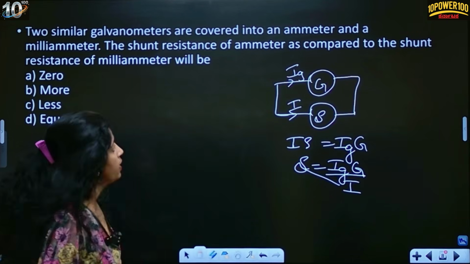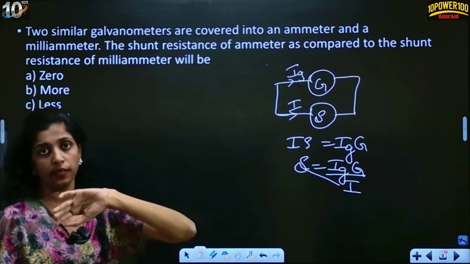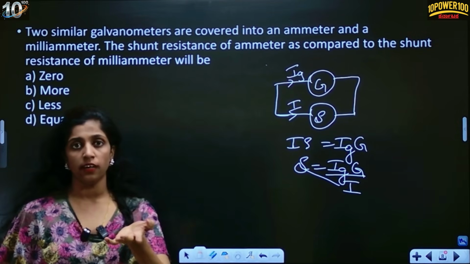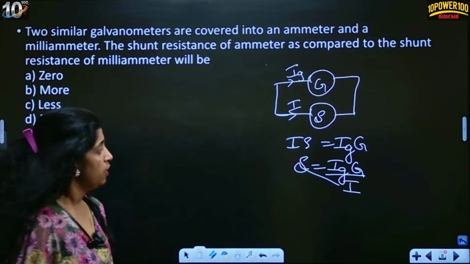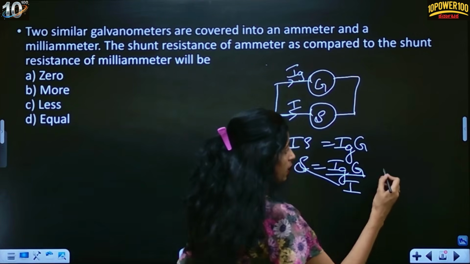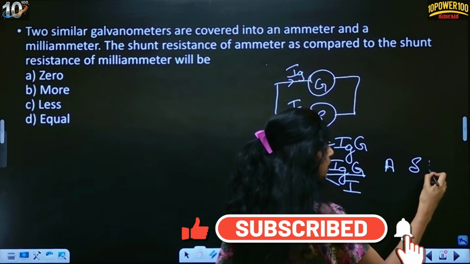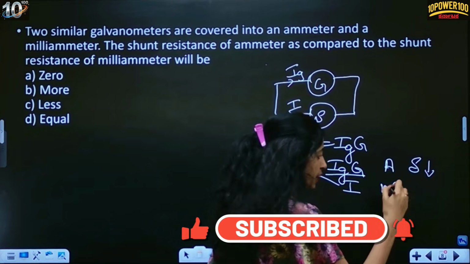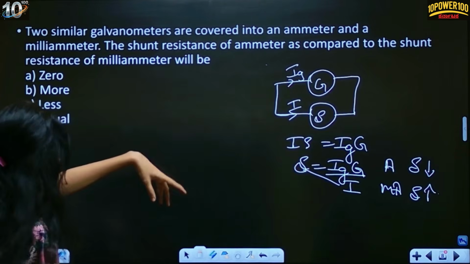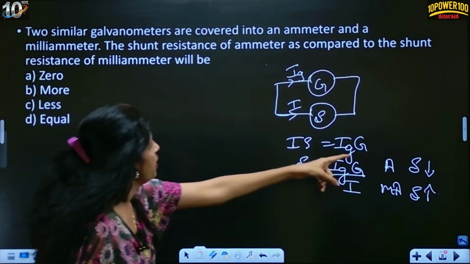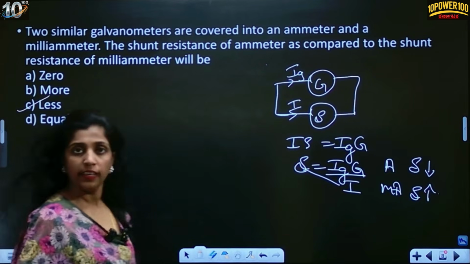Which is greater, the ammeter current or the milliammeter current? The ammeter's. Since the ammeter current is more, its shunt will be less, but for a milliammeter the current is less, therefore the shunt will be more. So the shunt resistance of an ammeter will be less than the shunt of a milliammeter. Option C is the correct answer.